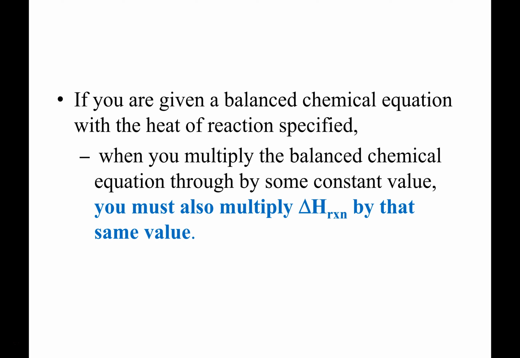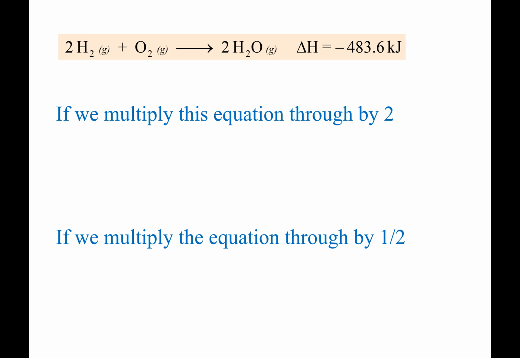So we had to scale up our delta H RXN by that same factor, which was 2. There's all sorts of neat little chemistry problems that we're not going to get to in this class. It's called Hess's Law. It's kind of fun.